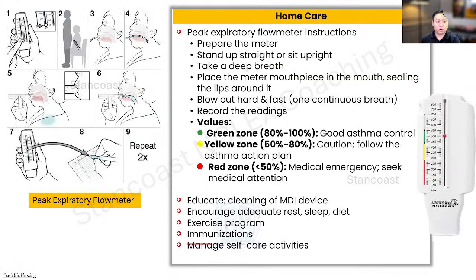So I hope that you're able to capture many things from this lecture. It seems kind of too much, right? It's kind of overwhelming, but you need to know these interventions because these are priority nursing actions, especially in dealing with a patient with asthma in the acute phase. I hope that you were able to gain some more insights today.